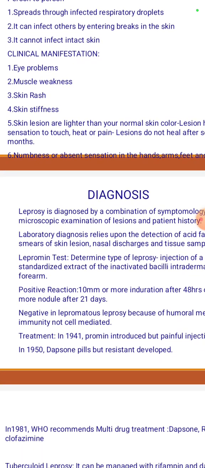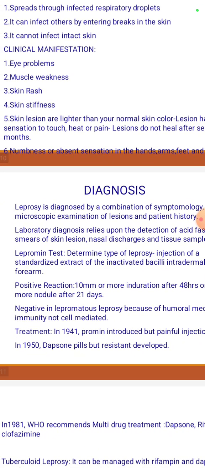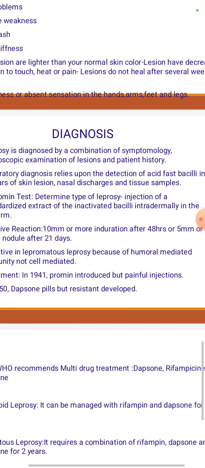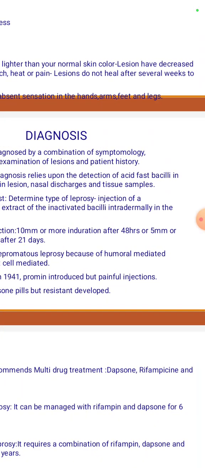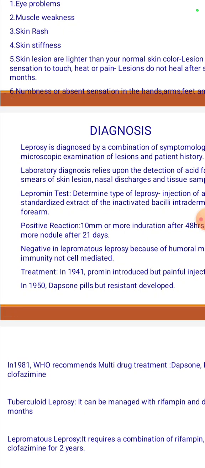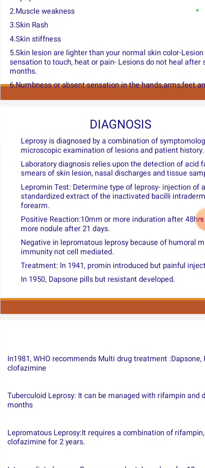Treatment: in 1941, bromine was introduced but with painful injection. In 1950, Dapsone pills, but resistance developed. In 1981, the World Health Organization recommended multi-drug treatment with Dapsone, Rifampicin and clofazimine. Tuberculoid leprosy can be managed with rifampicin and Dapsone for 6 months.